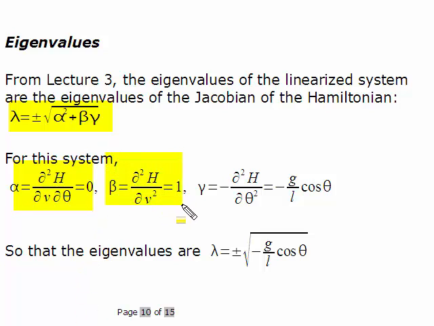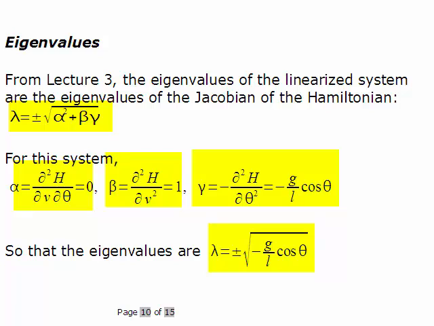Here beta turns out to be 1, and gamma is minus g over L times cosine theta. So I substitute this into the equation, and here are my eigenvalues. We see a negative sign here, and initially you might think that this is a case for complex eigenvalues, but we have to look also at the cosine of theta. So when cosine theta is negative, this is going to be positive.